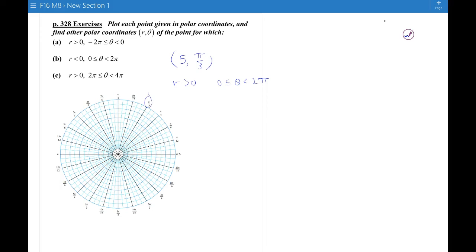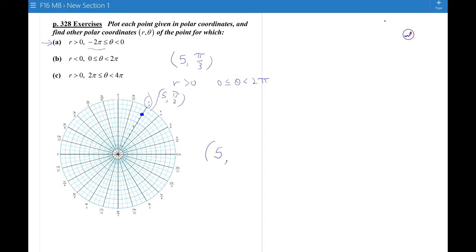So here is the pi over 3 ray, and we're going to go 1, 2, 3, 4, 5. So here's our point, (5, pi over 3). So we plot the point, and now we're finding other polar coordinates of this same point. First, where the r is still positive, so it's still going to be 5.